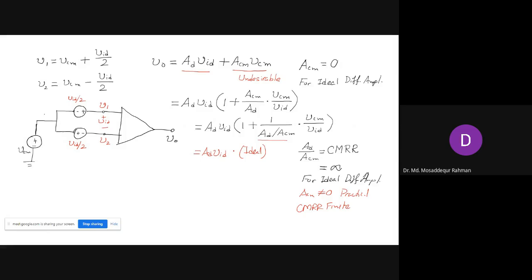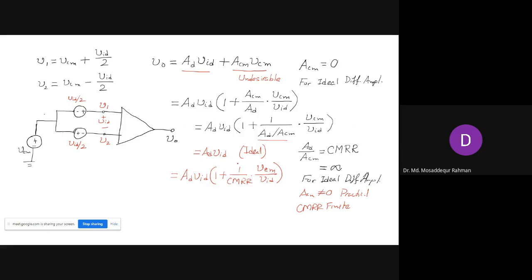But for practical, it's not 100% effective in rejecting the common mode voltage, and you get the output due to the differential input, and you have the output due to the common mode input voltage.